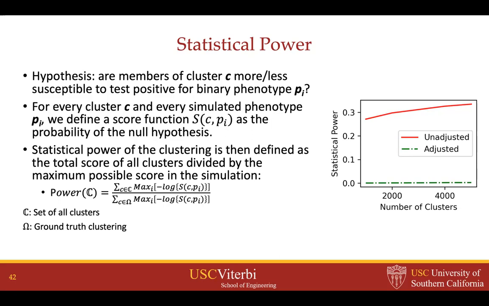And this difference in prevalence was statistically significant. So we not only wanted the clustering algorithm to find clusters that were enriched for a phenotype, but also the significance of that enrichment should be carried over. And that's how we defined our statistical power.